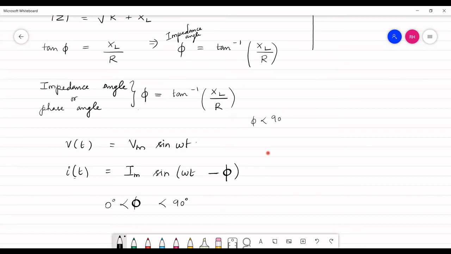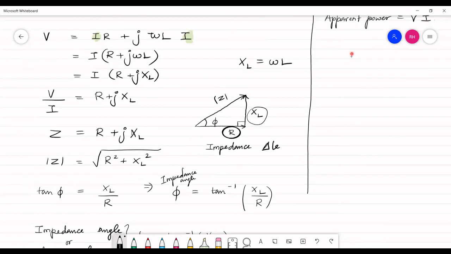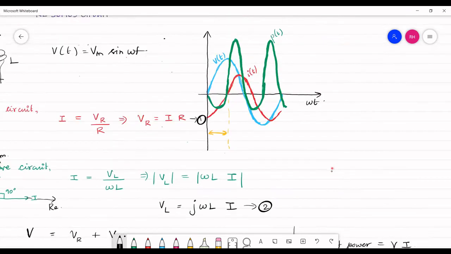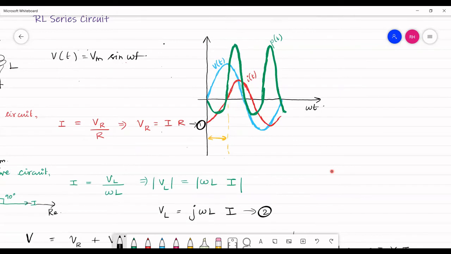And let us now trace the waveform of the voltage and current. Voltage is a pure sinusoidal waveform, whereas current is lagging voltage by an angle φ. So current is lagging behind. Only after the voltage waveform starts, after an angle φ, the current waveform starts.